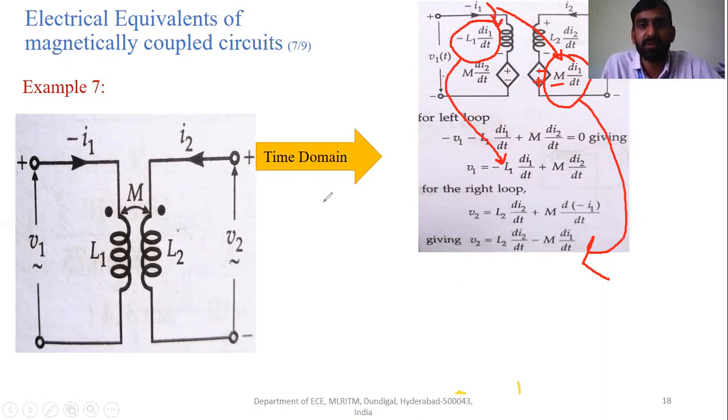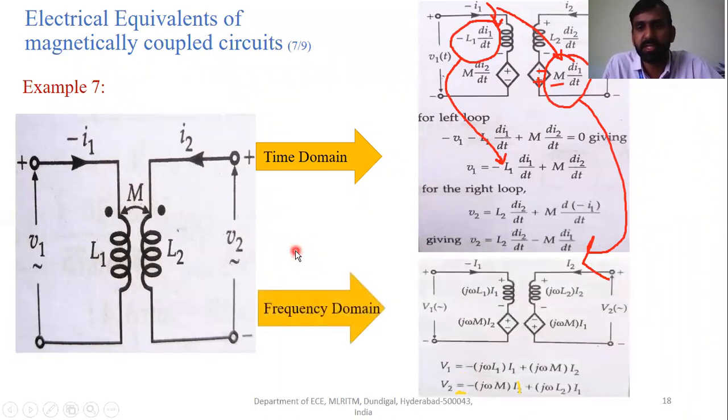So this is with respect to the time domain. Let us move on to the frequency domain. Again, the frequency domain equation is going to be the same. So here the diagram is correct.